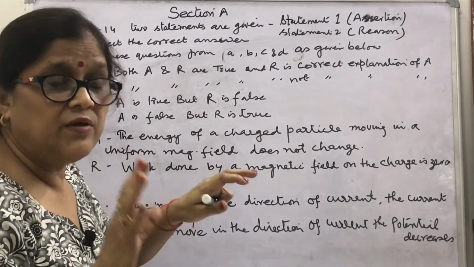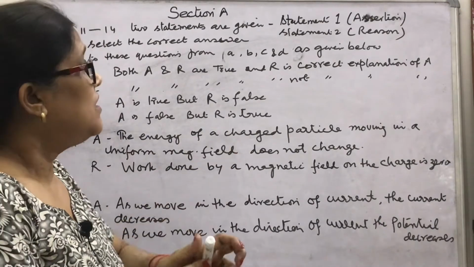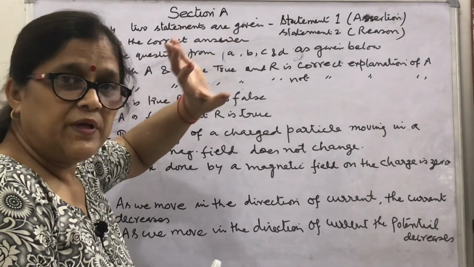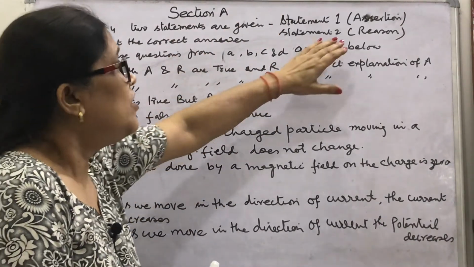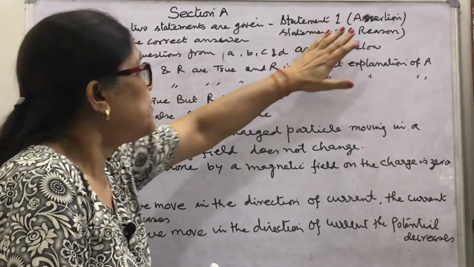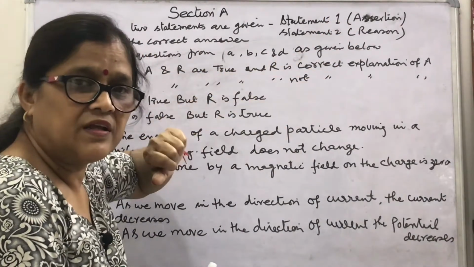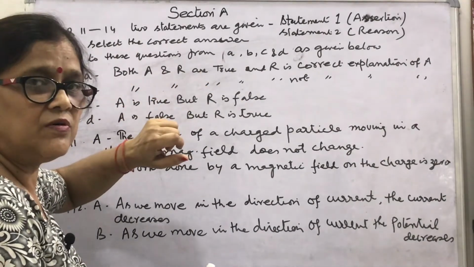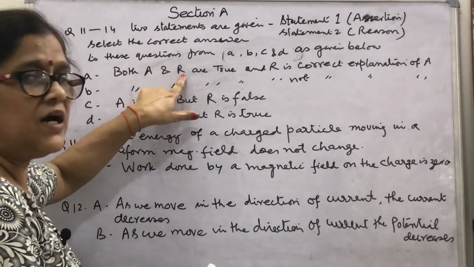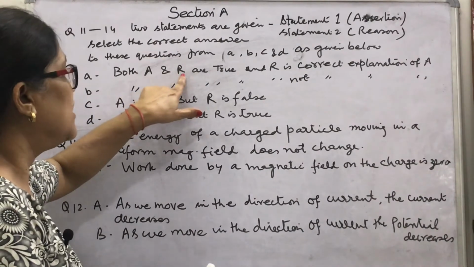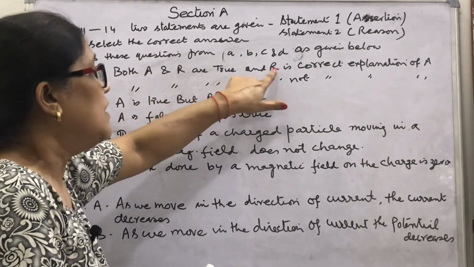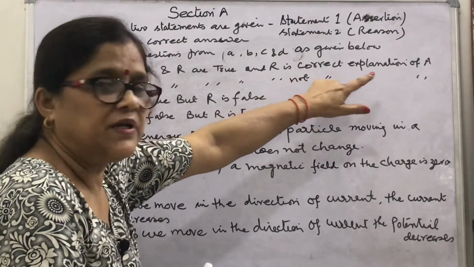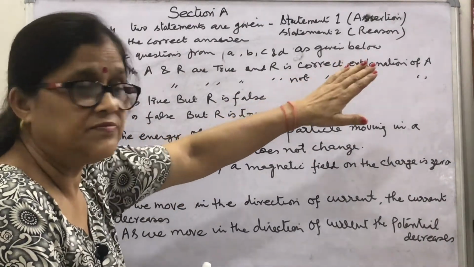What is the meaning of this question? Two statements will be given and as per the two statements, 4 options are given. Option A says both statements are true. One statement is A, the other statement is R. Assertion and reasoning are both true, but reasoning is not the correct explanation of assertion.